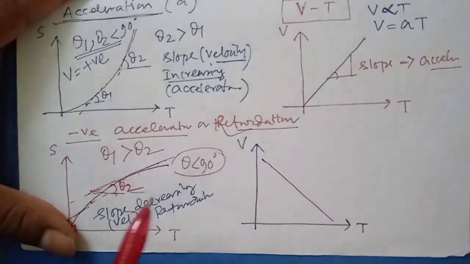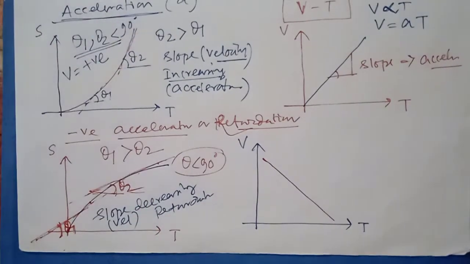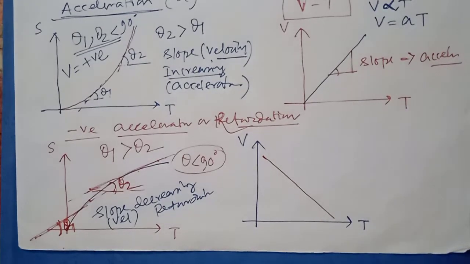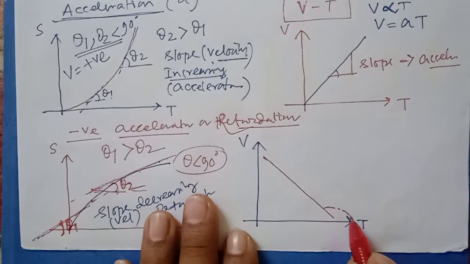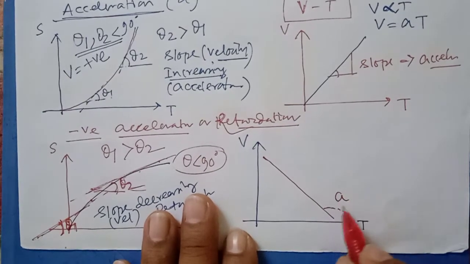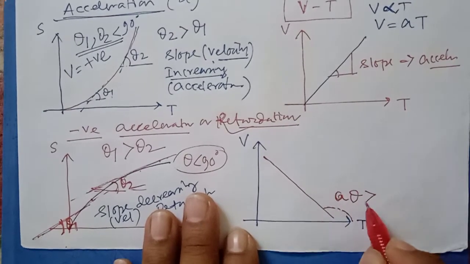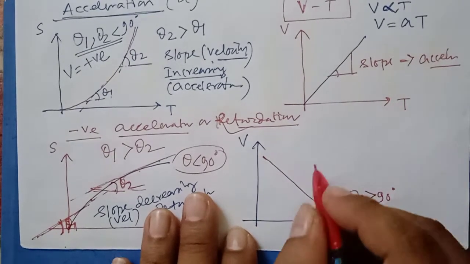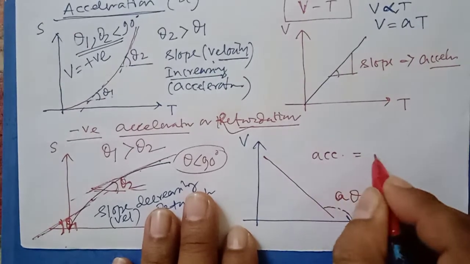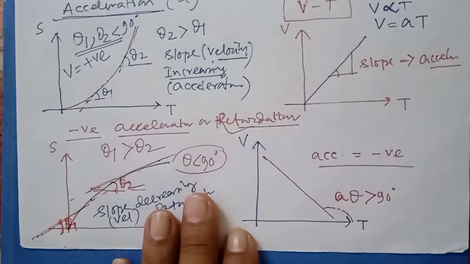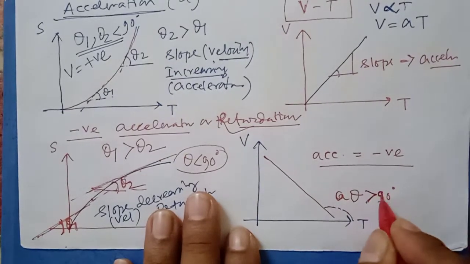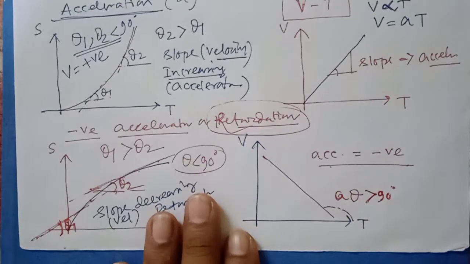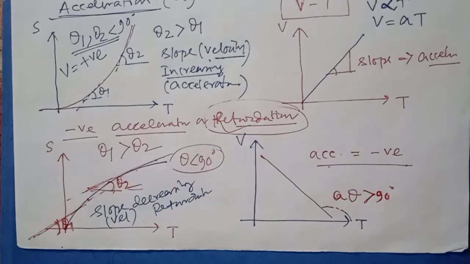Slope negative, so this. Now one more thing, students. In this graph, you can see the acceleration, meaning the slope, is greater than 90, meaning an obtuse angle. So an obtuse angle means acceleration is negative, right? Because theta is greater than 90, acceleration negative means retardation. Understood, everyone?